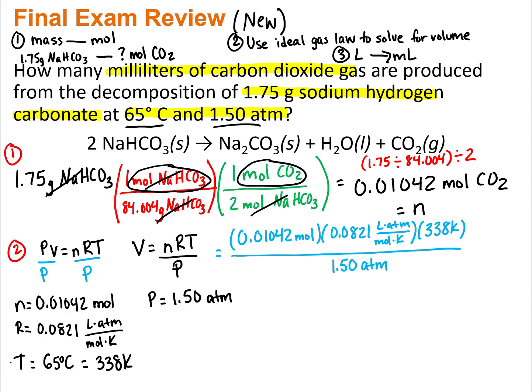Now the units for the gas constant are a little bit weird, but they cancel out all of the units except for the one that you're interested in, and we care about the volume.